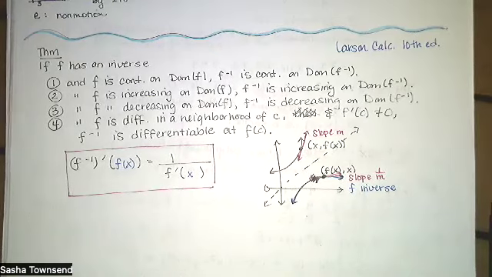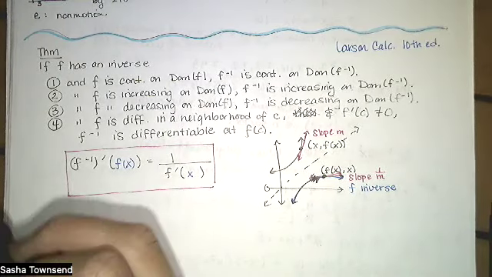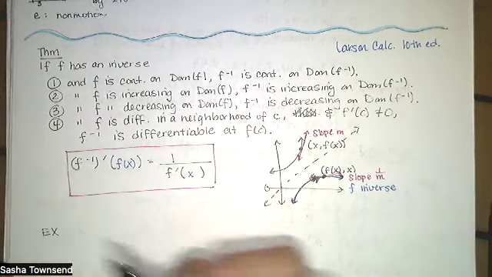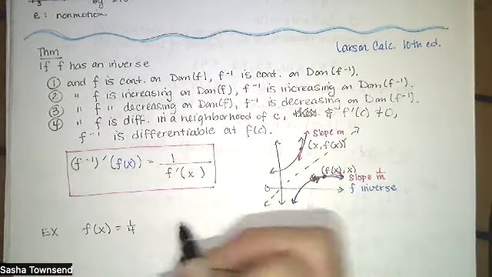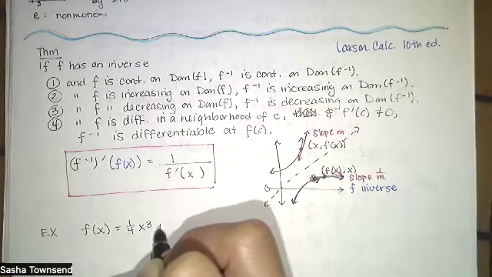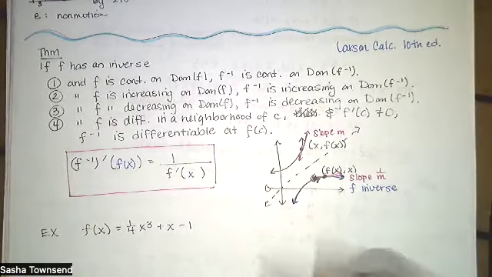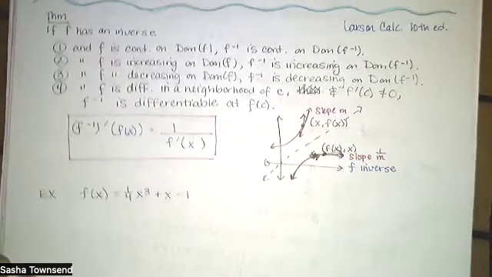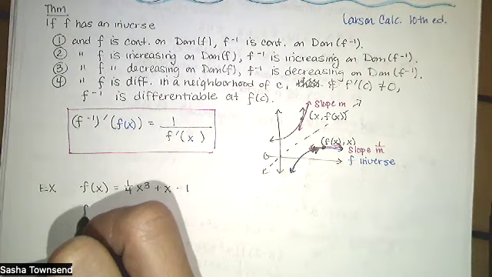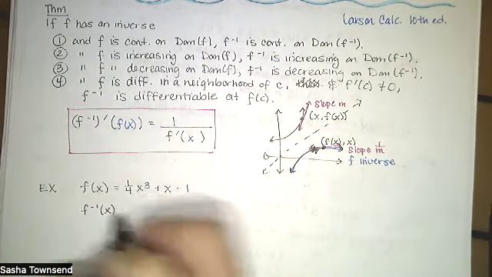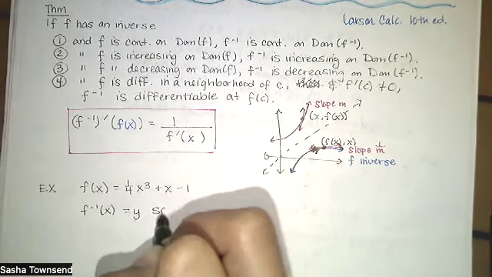Now, there was one other thing that I wanted to talk about. In the last video, I think we had f of x equals 1/4 x cubed plus x minus 1. And we said we can't actually state f inverse, but we know that f inverse of x equals y satisfies the following equation.